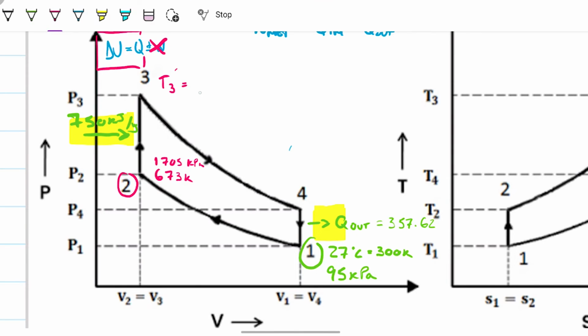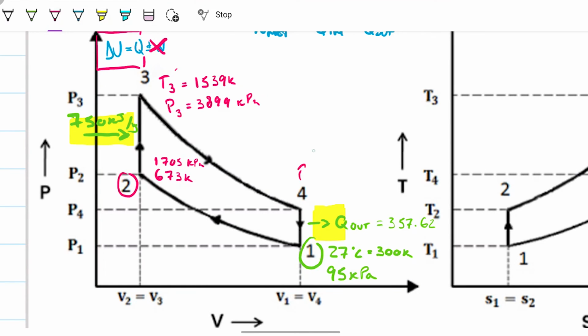That's one of the questions we needed to answer, and that ended up being T3 is 1539 Kelvin. We found P3 as well, and that ended up being 3,899 kilopascals.